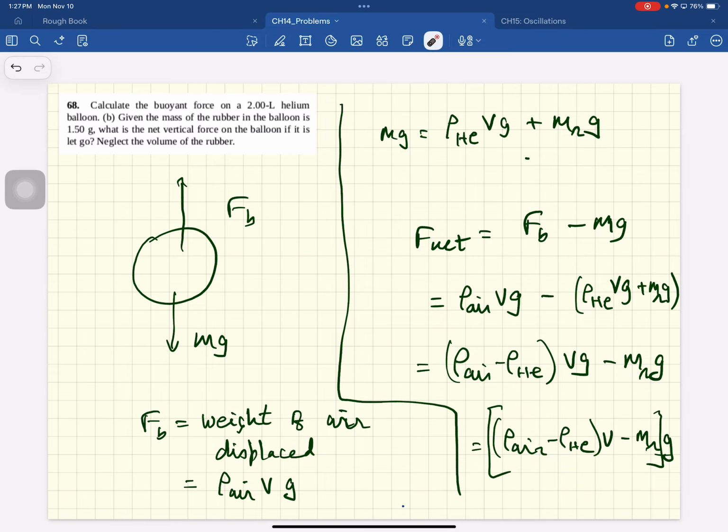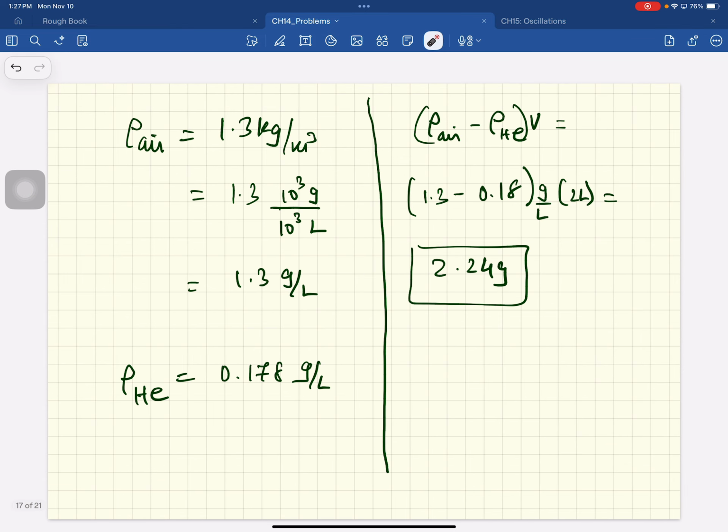You can work this out. So this times the volume should be 1.5 grams. So 1.5 grams divided by this will give you the volume.